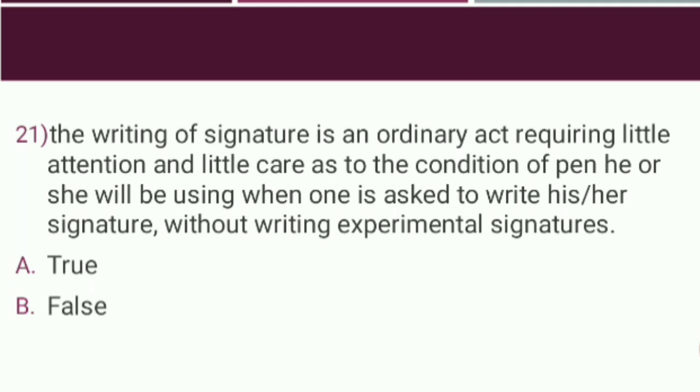The writing of signature is an ordinary act requiring little attention and little care as to the condition of pen he or she will be using when one is asked to write his or her signature without writing experimental signatures. A. True. B. False.